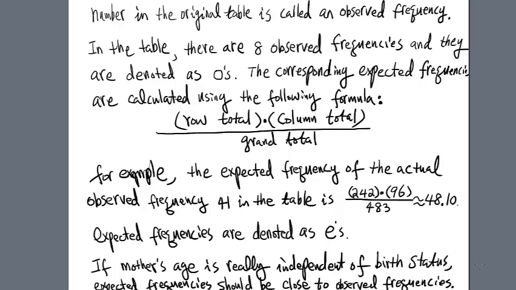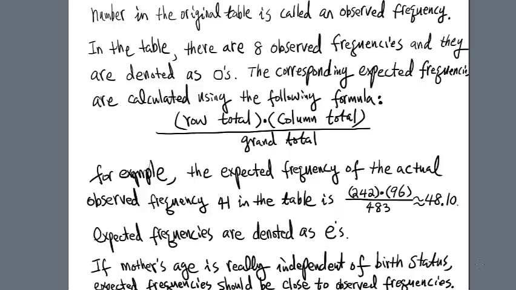You can use O11, O12, O21, O22, O31, O32, O41, O42 to denote the observed frequencies.